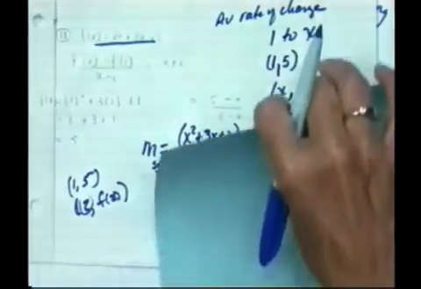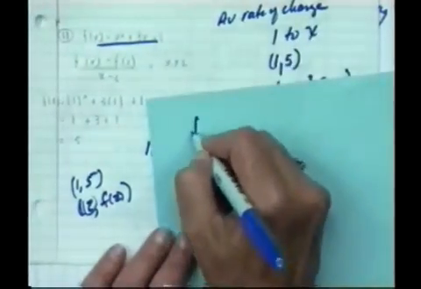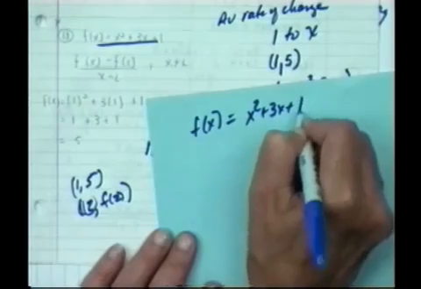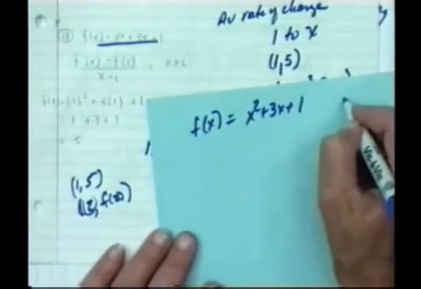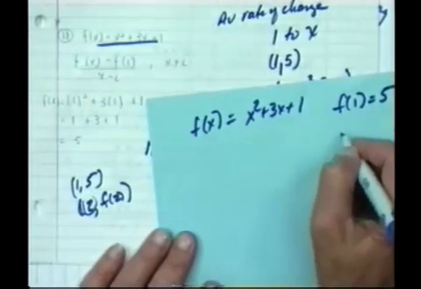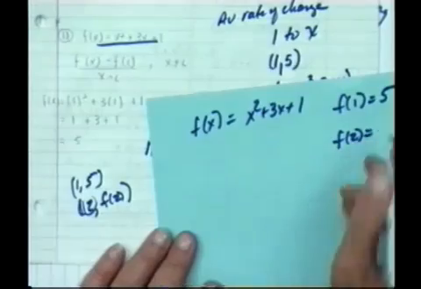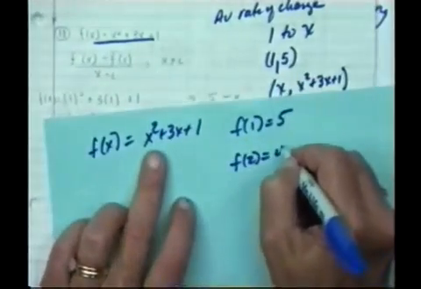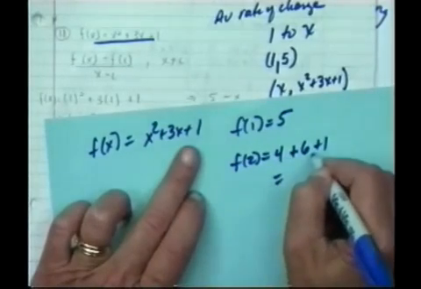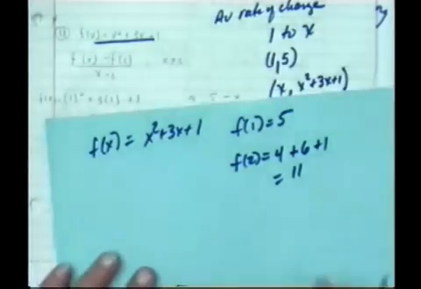Here's the other thing that could have happened. F of x is x squared plus 3x plus 1, and you already figured out that f of 1 was 5. F of 2: 2 squared is 4, plus 3 times 2 is 6, plus 1, which is 11.